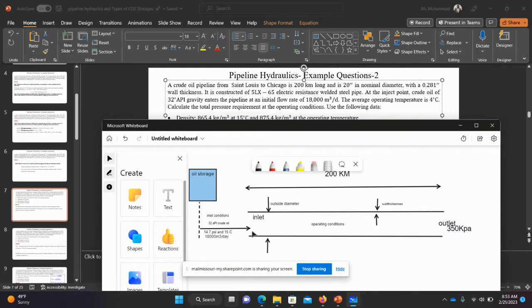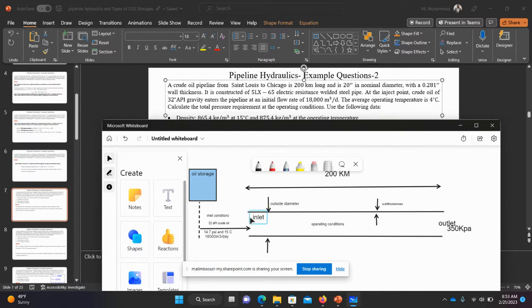First of all, you need to understand that if there is a flow of the fluid from the inlet to the outlet, there will be a pressure drop inside it. Why will there be a pressure drop? Because the fluid is dense, the fluid has viscosity, which is resistance to flow, and the pipe is rough, so it gives a lot of resistance for this fluid to flow inside the pipeline, which slows and reduces the pressure of the fluid.